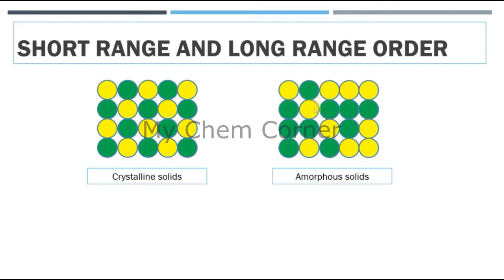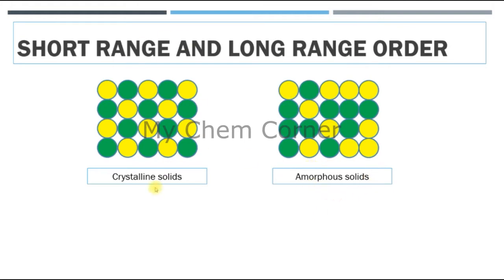So when I try to join the centers of these spheres, I'm getting a regular pattern. But that's not continued throughout the entire crystal. So this particular arrangement is seen only over a short range, and this type is seen only in amorphous solids.